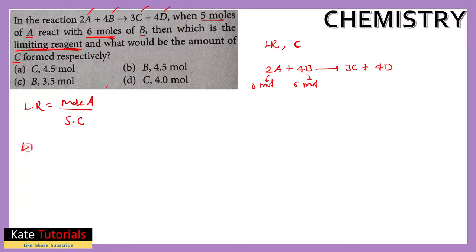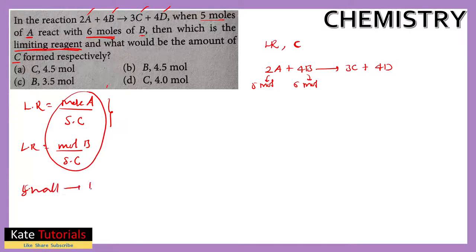Similarly, for B, it is mole of B divided by its stoichiometric coefficient. The one which is small, if this calculation is small, then that is the limiting reagent. If the calculation is big, then that is in excess in that reaction.